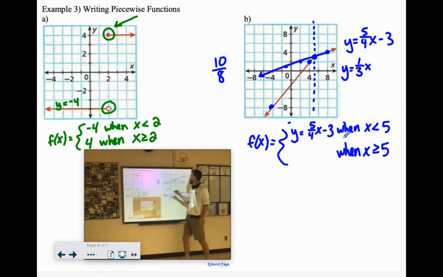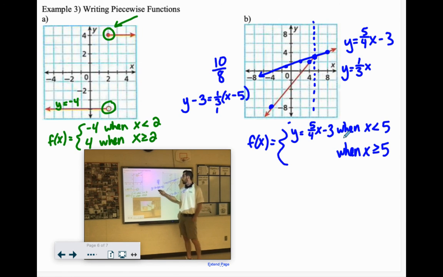We know our slope is 1/3. We can take any one of the coordinates. So I see the coordinate (5, 3), to be y minus 3 equals 1/3 times (x minus 5). This is a doozy. If we distribute that, it'd be 1/3 x minus 5/3.